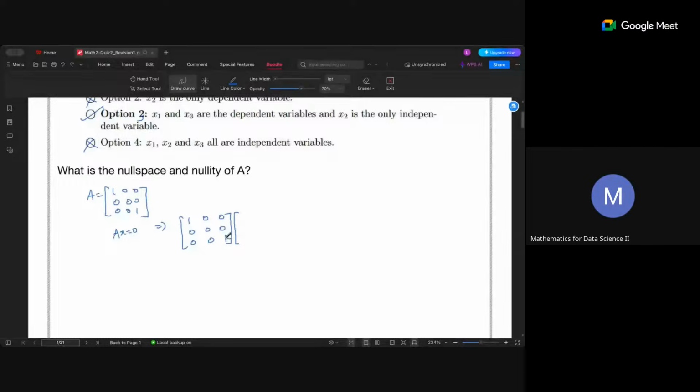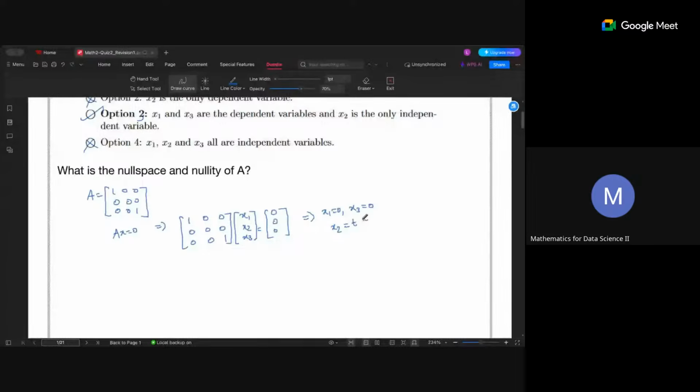So x1, x2, x3 is 0, 0, 0. Now this will tell you that x1 is 0 and x3 is 0. So x2 is your independent variable.